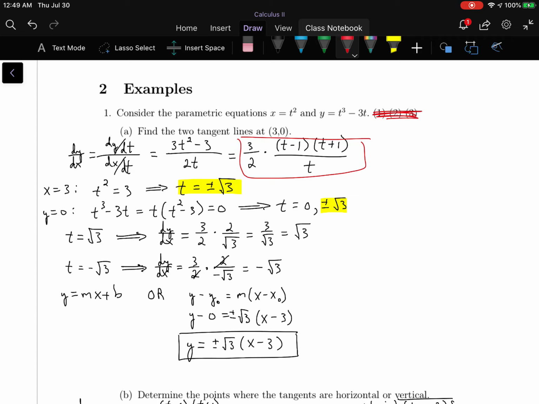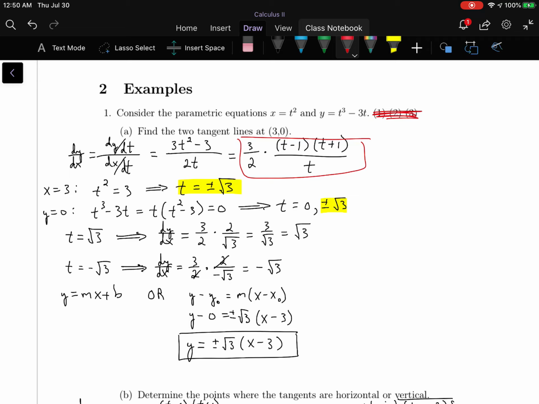When you try to satisfy y being 0, t cubed minus 3t is 0, but t cubed minus 3t factors into t and t squared minus 3, and that product is 0 when either one of those multipliers is 0, so either t is 0 or t squared minus 3 is 0, which means t is plus or minus root 3. Since the only numbers that are satisfied for both x equals 3 and y equals 0 are plus or minus root 3 for time, those are the two values we are going to investigate for the slope to get our two tangent lines.